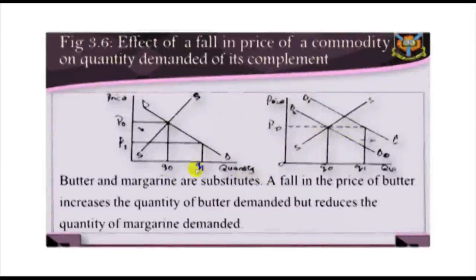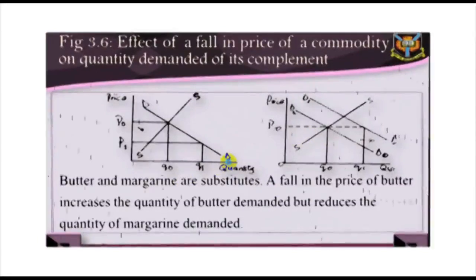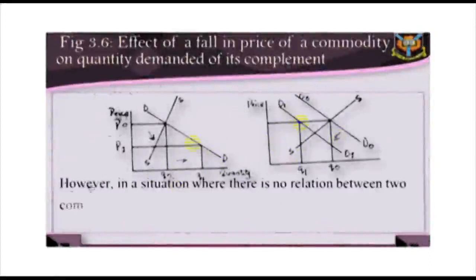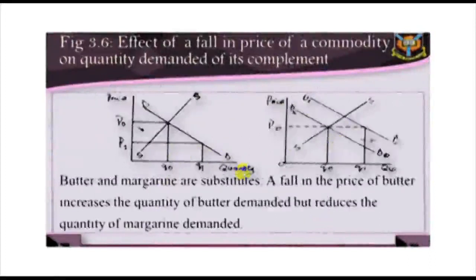A fall in the price of butter increases the quantity of butter demanded but decreases the quantity of margarine demanded. Changes in the price of butter and in the quantity of margarine would therefore have the same sign. However, in a situation where there is no relationship between two commodities, we may expect their cross elasticities to be close to zero.